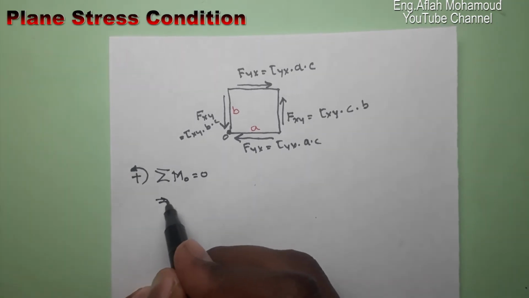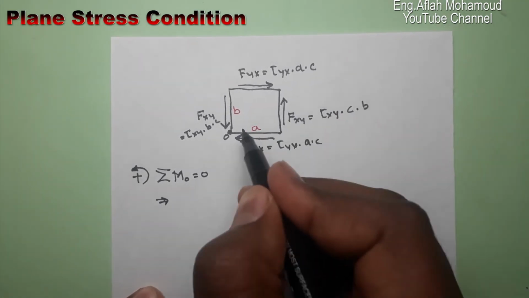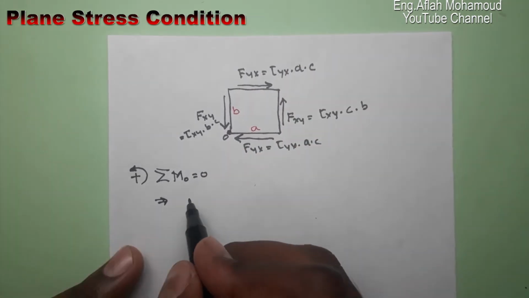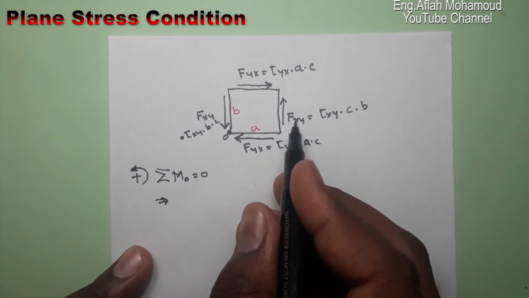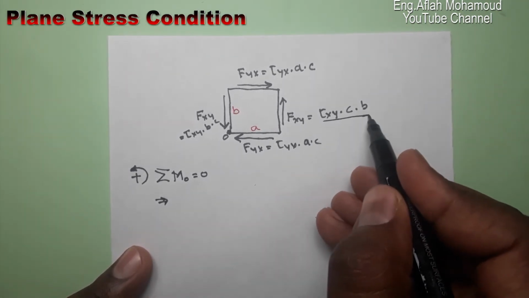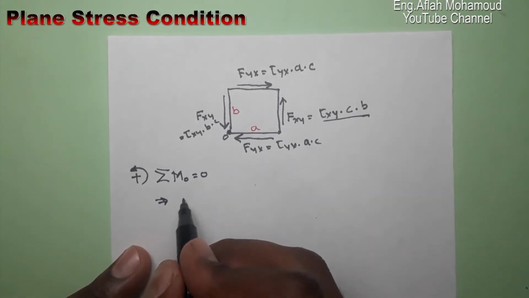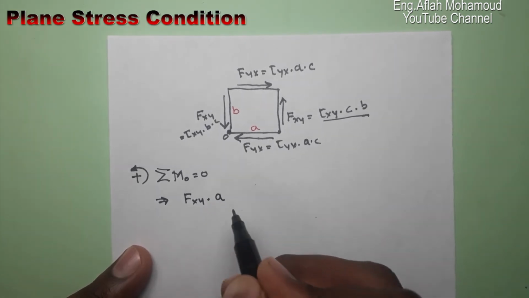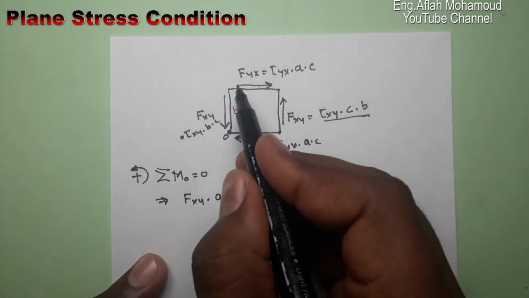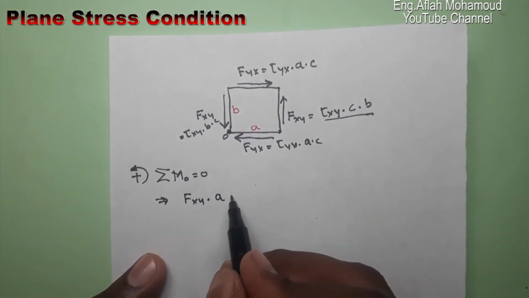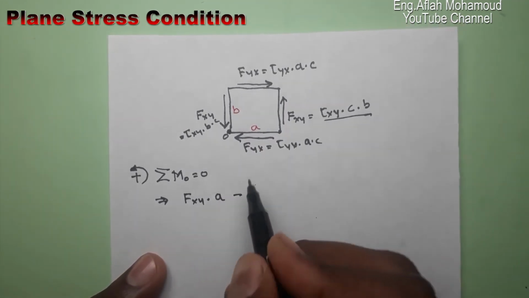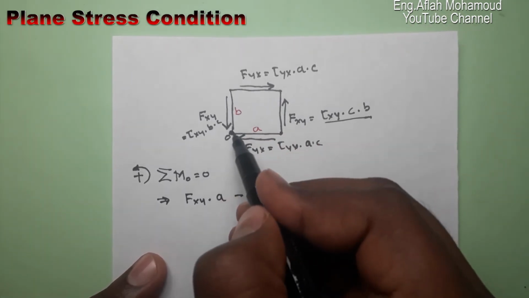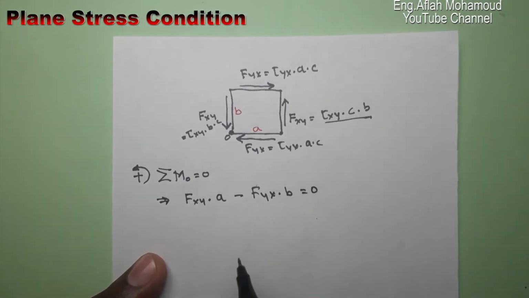This force multiplied by the perpendicular distance A acts counterclockwise, so it is positive: Fxy times A. This other force acts in the clockwise direction, so it is minus Fyx times the perpendicular distance B. This must be equal to 0.